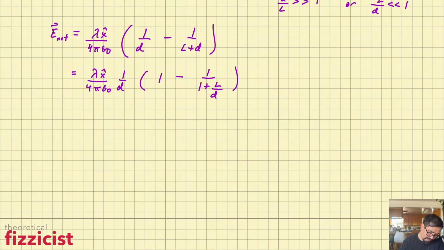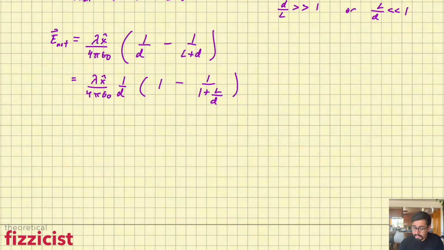All right, so that's pretty neat, but what else can I do with this answer? It seems kind of done. Well, remember, what we're really asking ourselves is, what does 1 over 1 plus L over d look like when L over d is approximately equal to 0? Okay? Well, if that's the case, it's equivalent to asking the following.